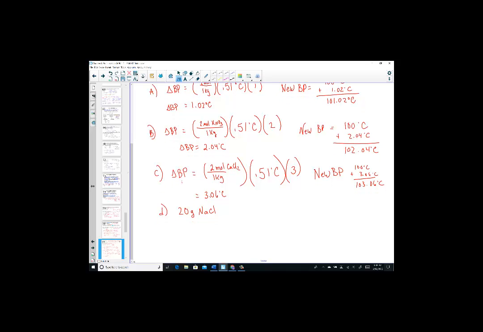All right, so this is a little different in the sense they're making me do a little mole map problem, aren't they? Remember your round little buddy for moles? Grams over molar mass is a mole. That's just an old mole map problem. So I need to do a little molar mass work. Let's see, sodium is 23, chlorine is 35.5.